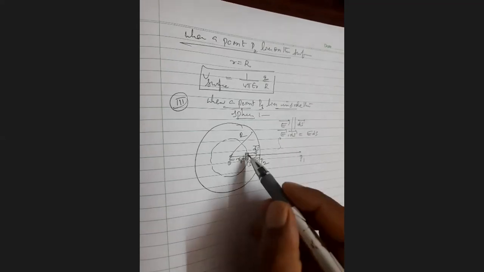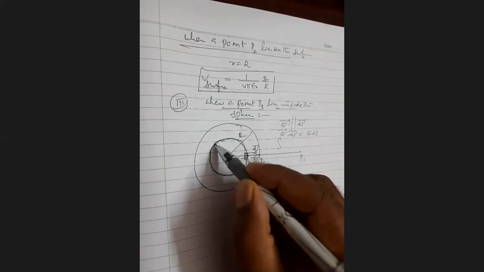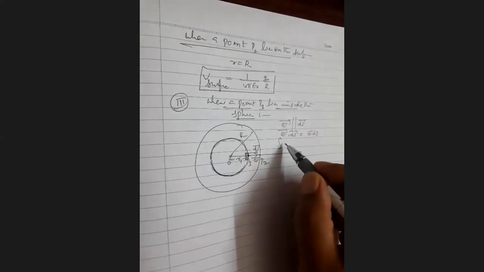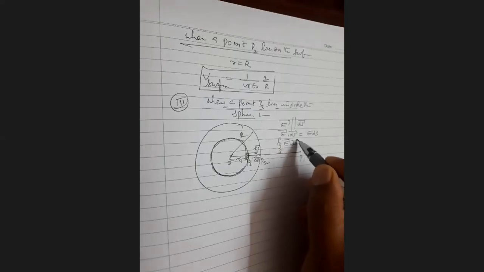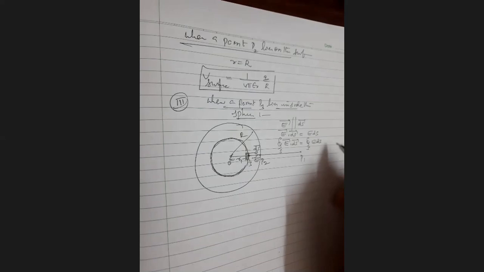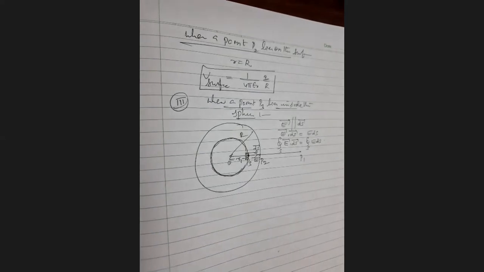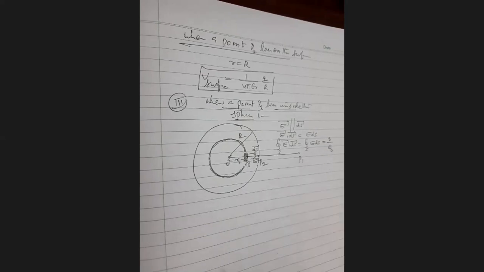Then the total flux will come out through this Gaussian surface: surface integral E bar dot ds bar equals surface integral E ds. But according to Gauss law, that should be equal to the charge enclosed by that surface divided by epsilon naught.